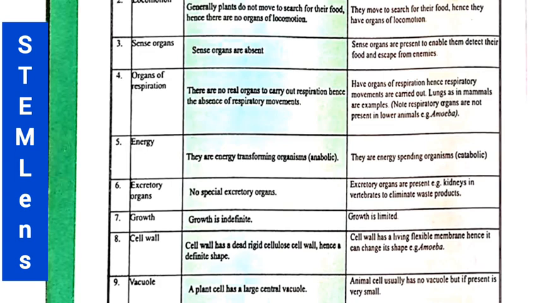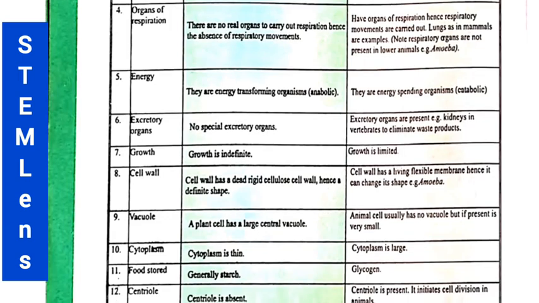We have the kidneys in vertebrates to eliminate waste product. We also have the skin. We also have some other organs involved. Growth is indefinite in plants, but growth is limited in animals. For example, you can see a mango tree just keeps growing and growing for ages. We have some trees that are very old in history.